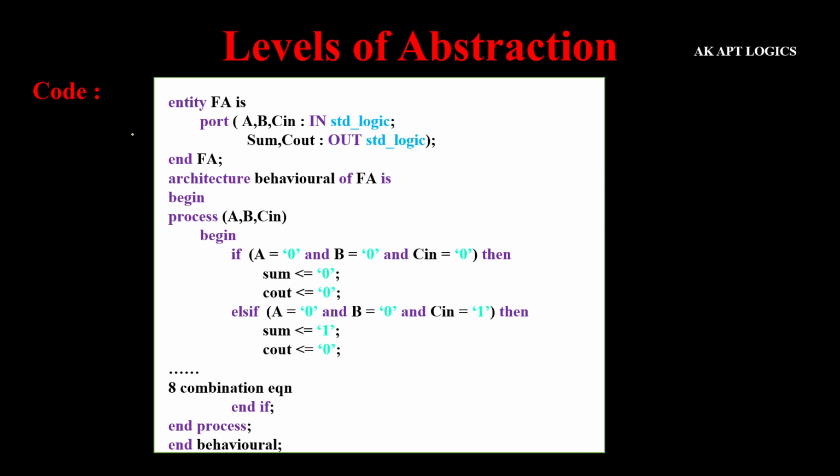First of all, we take the entity. Any VHDL code is made up of two parts: entity and architecture.